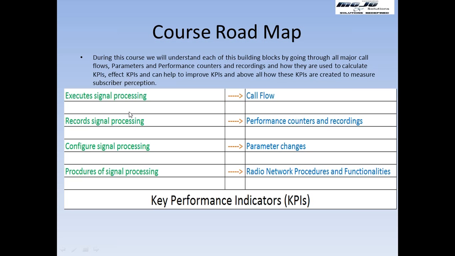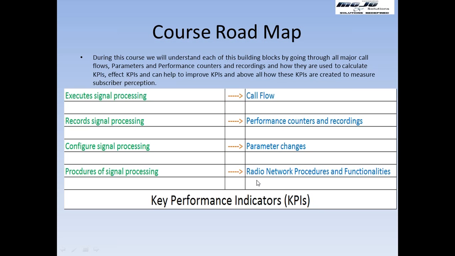Sometimes we mix up signal flow and call flow, which is similar, but call flow refers to the call. We'll understand what the performance counters and the performance recordings are, and why we need recordings when we have performance counters. We will understand what the parameters are, what the major parameters are, and how they are used to optimize.